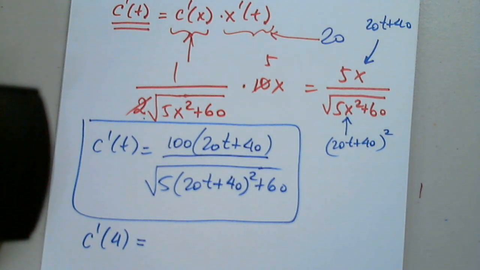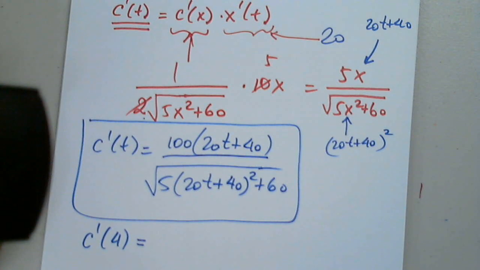So 5 parentheses again, 20t plus 40 and squared, and then plus 60, and I close another parenthesis. So make sure that everything is entered correctly. You can check, you can go back and forth, and the top, yes, that's correct.